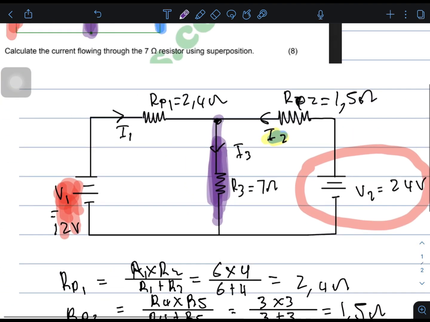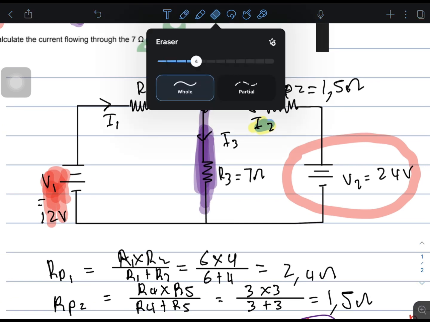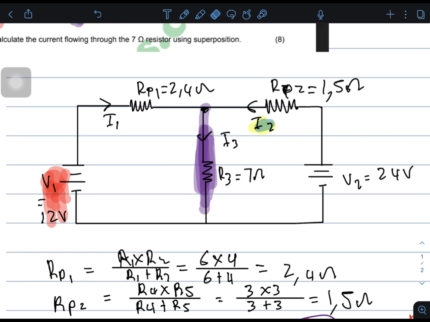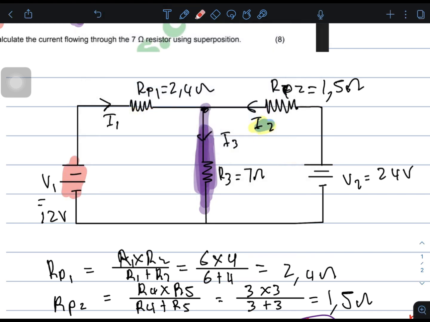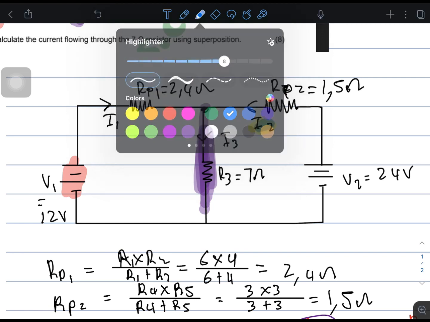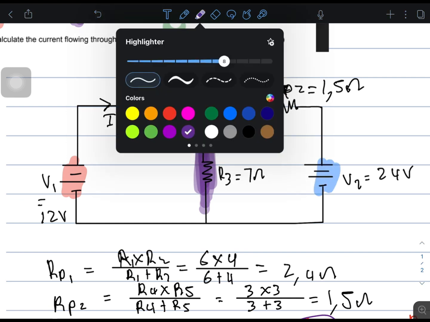We have found that now. Now what do we want to do? Now that we have sorted how much current is being contributed by this source, we want to know how much current is contributed by the other source to this branch.